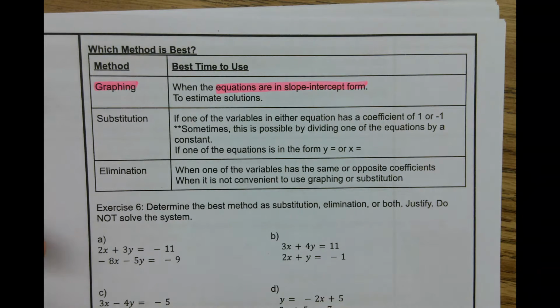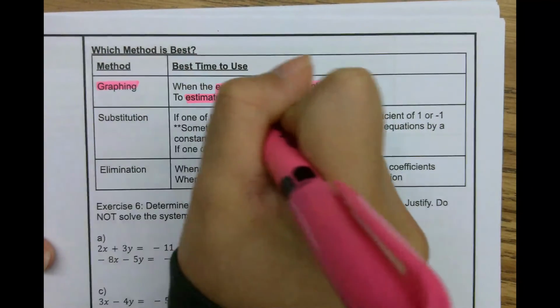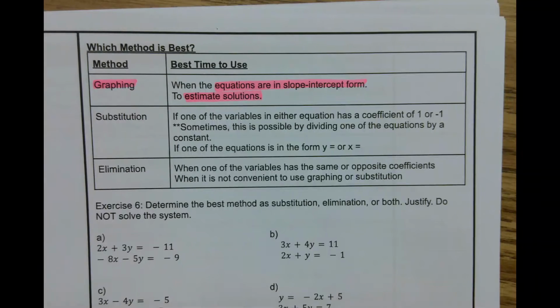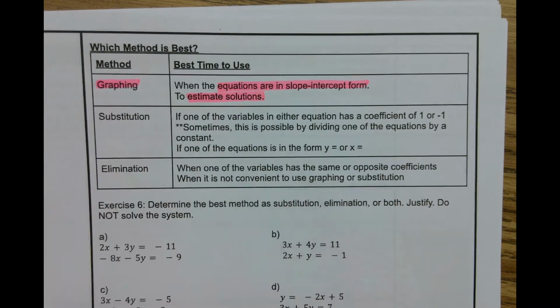So really, graphing only helps us to estimate solutions, because sometimes, mostly in the real world, things aren't always nice numbers where it's an exact point. Graphing might not help us if the solution is a fraction, and so it can only help us to estimate solutions.